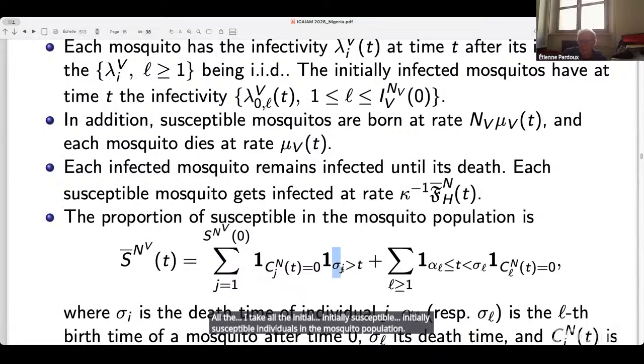Sigma j is a death time, so I multiply by the indicator function that the individual is still alive, and this means that the individual has not yet been infected. The Cnj of t is similar to the Bnk of t for the humans, except that here there is at most one infection, but this process is 0 as long as the individual is susceptible and jumps to 1 when it is infected.